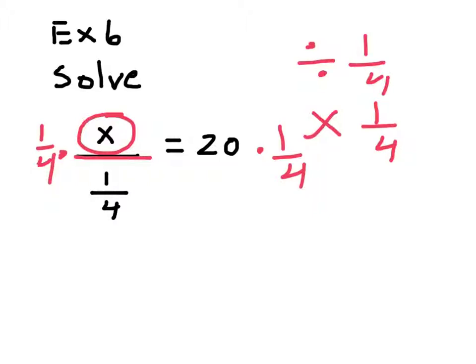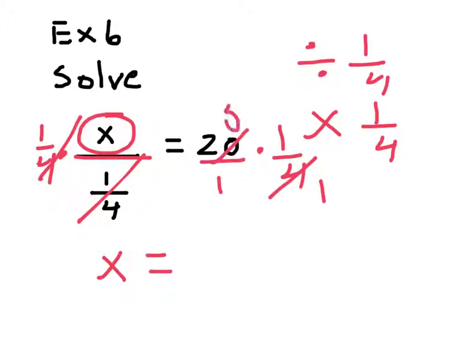Because we know that if we divide by 1/4 and multiply by 1/4, they cancel. Inverse operations cancel each other out. So you have x is equal to, now I'm multiplying here, so I can cross cancel. I divide them both by 4, and I get 5. Okay, so I get an answer of 5.